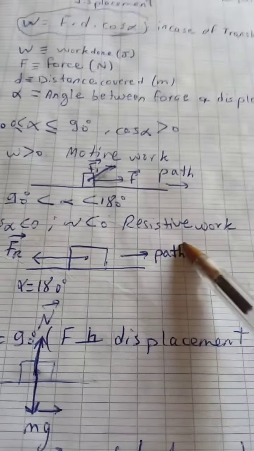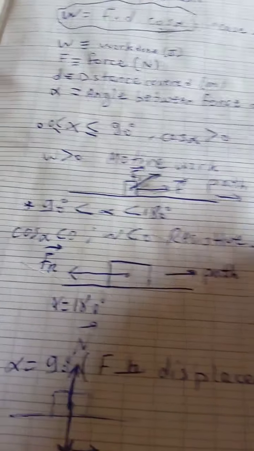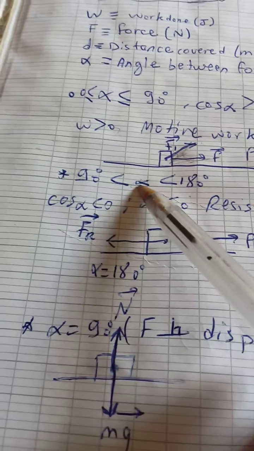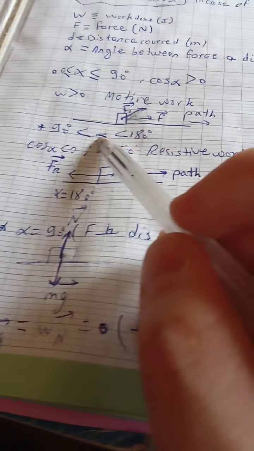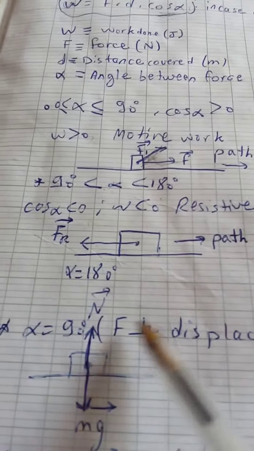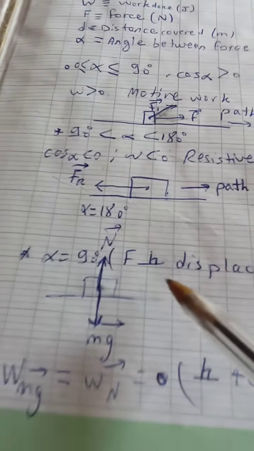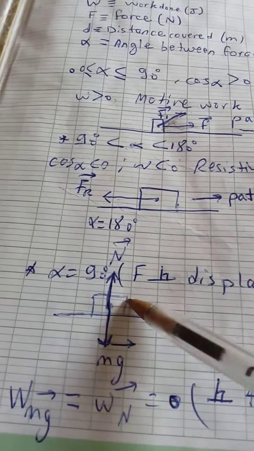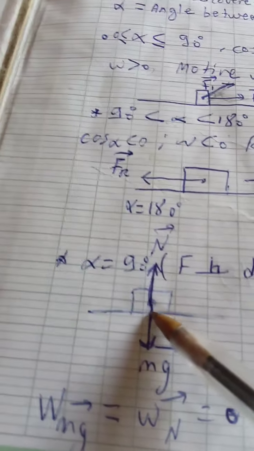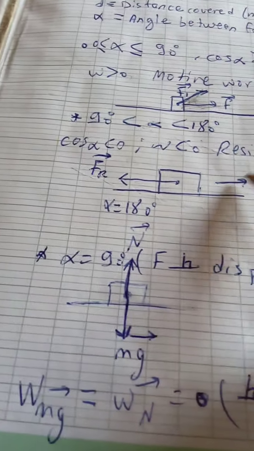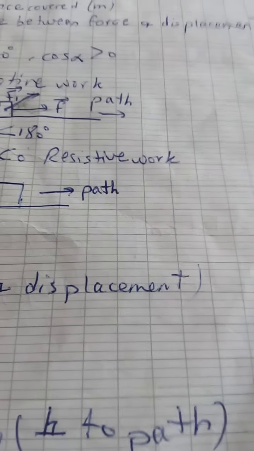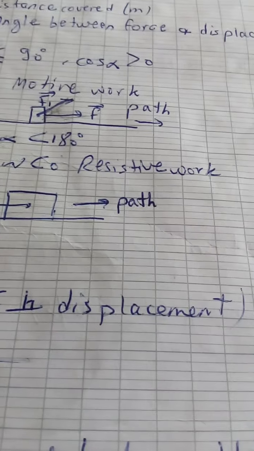If alpha equals 90, cosine alpha equals 0, because here the path makes a zero action reaction. And if alpha equals 180, cosine alpha equals -1.